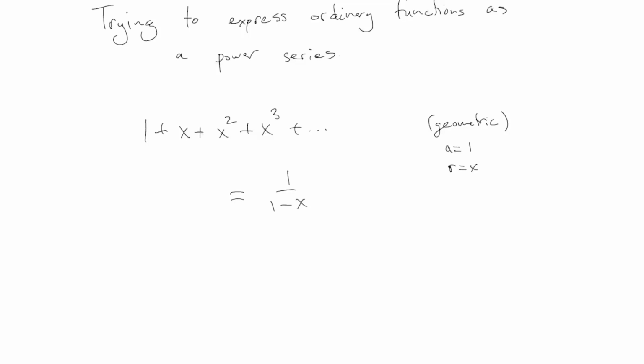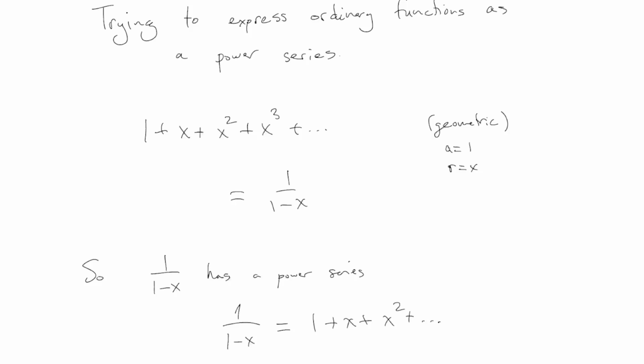When you're talking about Taylor series, you actually think of it more the other way around. So this function, 1 over 1 minus x, has a power series. And what it is is this: 1 over 1 minus x is equal to 1 plus x plus x squared plus blah, blah, blah. And where does this converge?